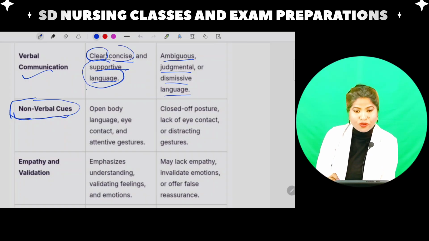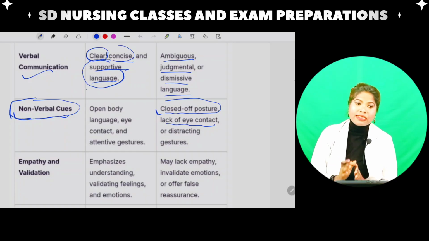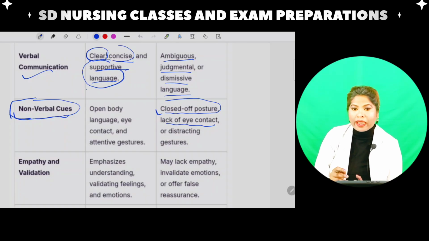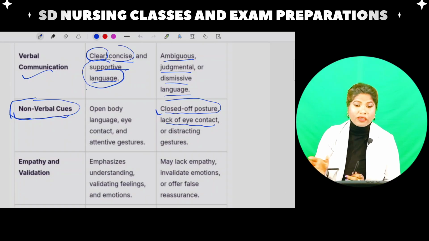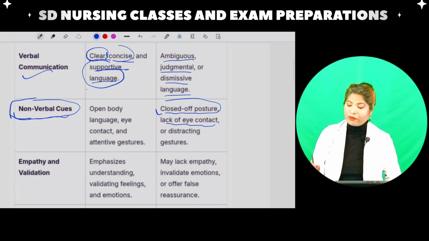But in non-therapeutic communication, neither is the patient talking to you nor are you showing any type of good gesture or posture to the patient. Meaning closed-off posture, lack of eye contact, distracting gestures. Meaning the patient is already in depression and you go and you are not even looking at the patient, you are just looking at the file: where is the file, yes, I have to fill up the file.